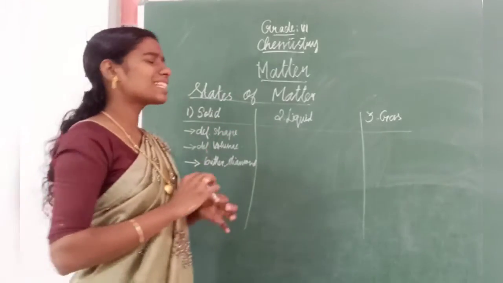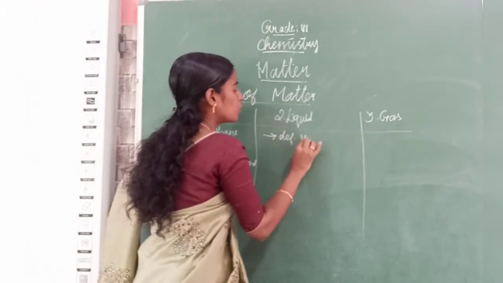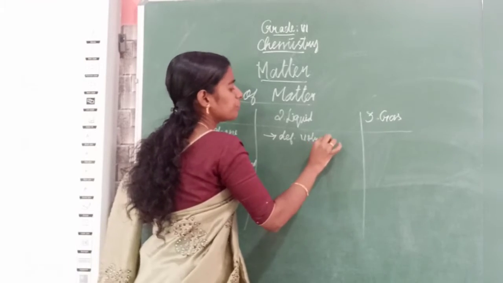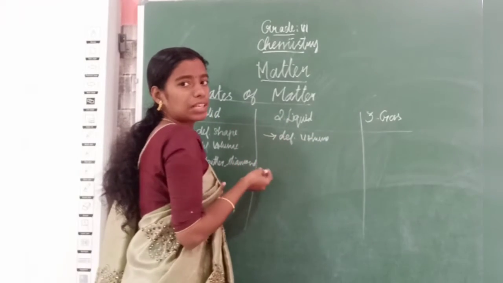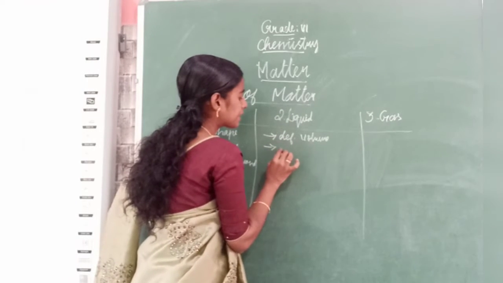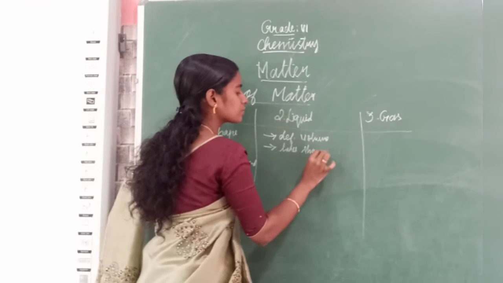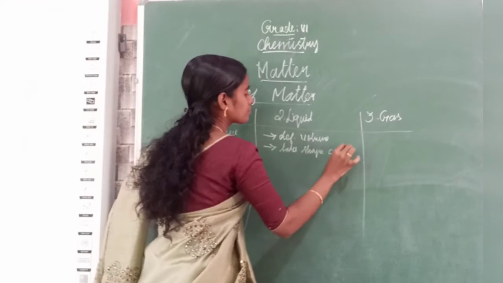Then the next one is liquid. This has definite volume, it has some mass. If you weigh a liquid, it has some mass. But when you consider the shape, it takes the shape of the container.